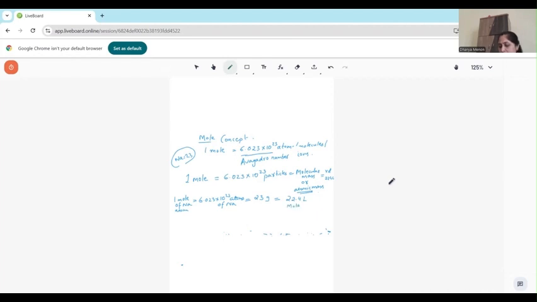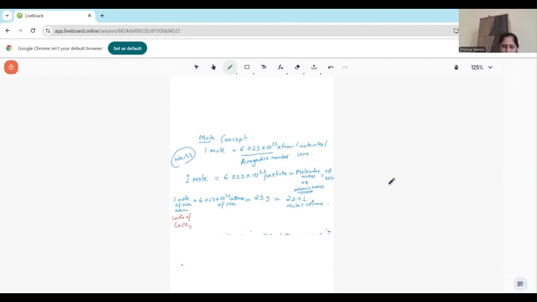You need to memorize it and keep it in your mind because a lot of questions are asked based on this. Similarly, I'll take another example of a molecule or a compound: 1 mole of calcium carbonate.